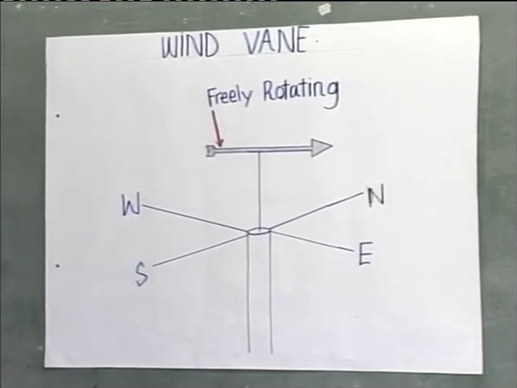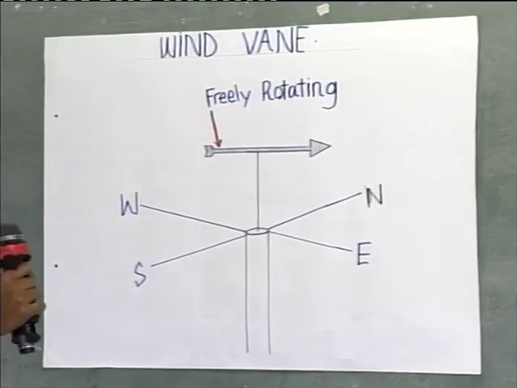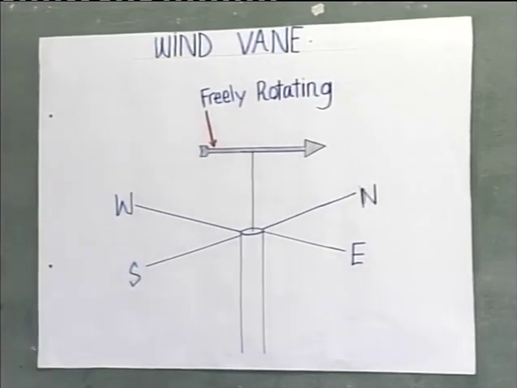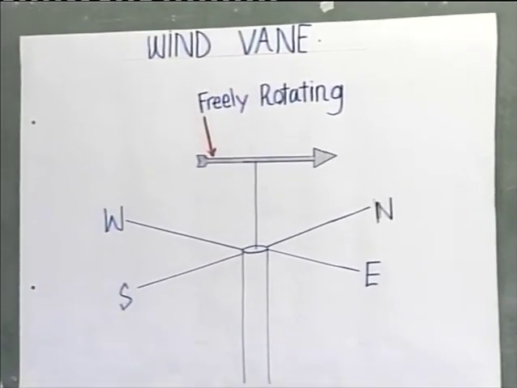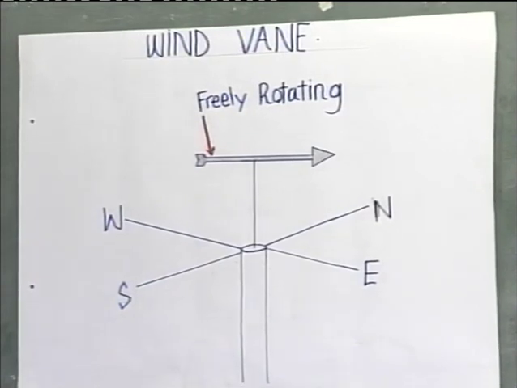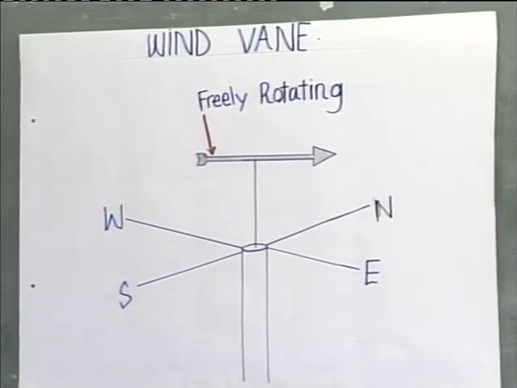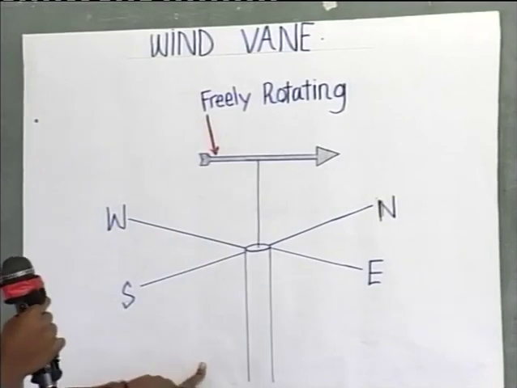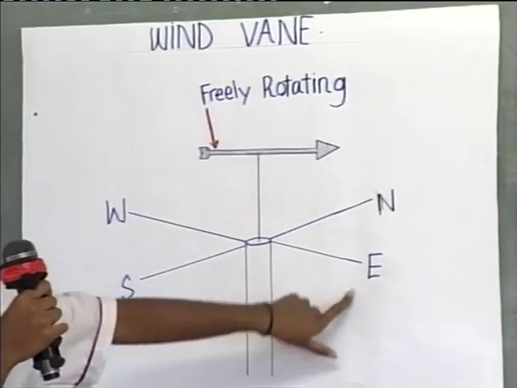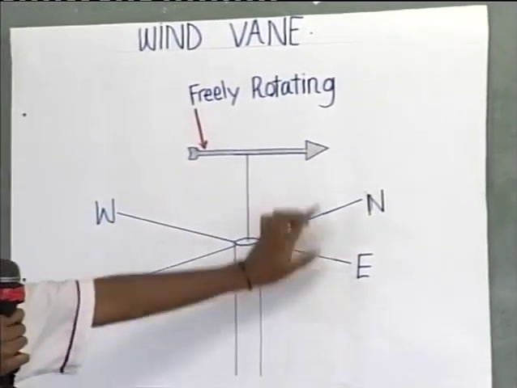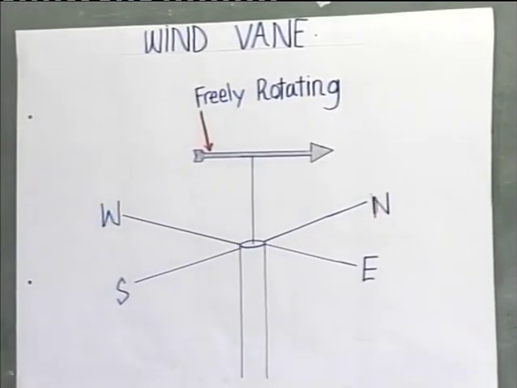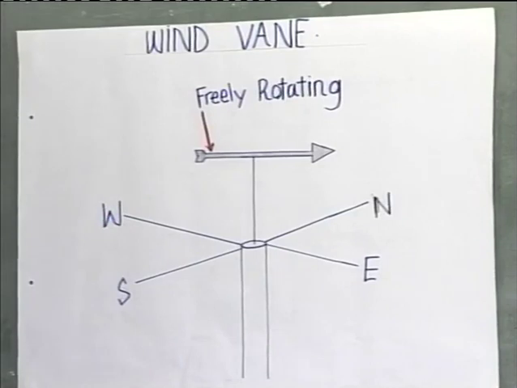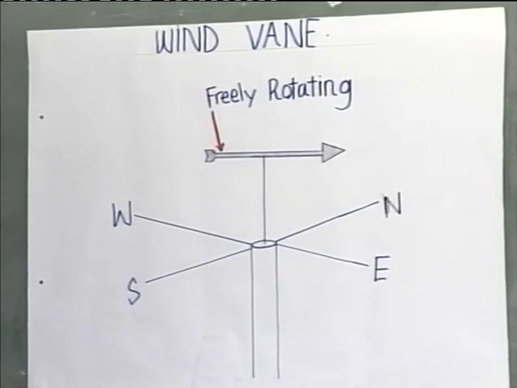A wind vane is usually placed in a freely exposed place where there are no trees and nothing blocking the direction of the wind. In this case, the diagram shows the wind is blowing in the direction of the northeast point. Any questions?